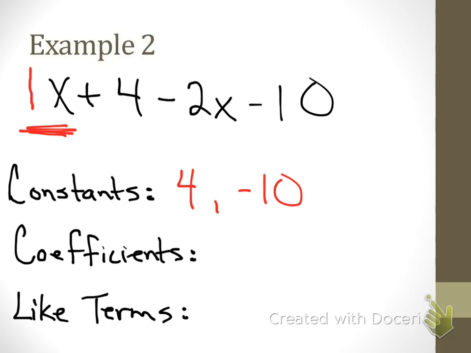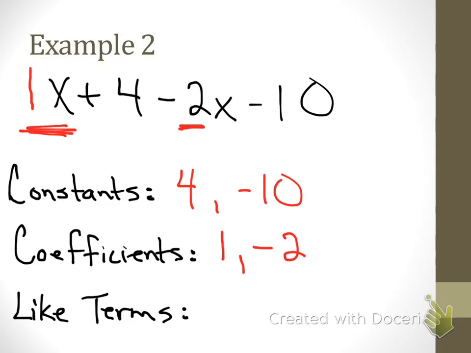It's not always written, but it's there. So in this example, the coefficients would be 1 and negative 2 because it's the number that's attached to the variable. Notice that I did not write the variable as a coefficient because it's not. The coefficient is the number alone.